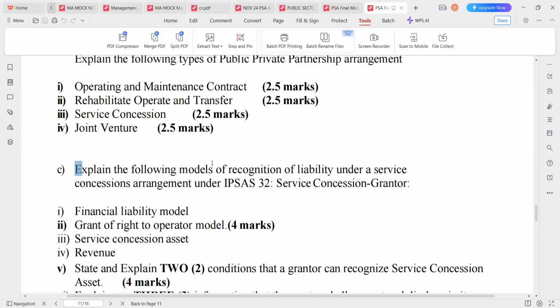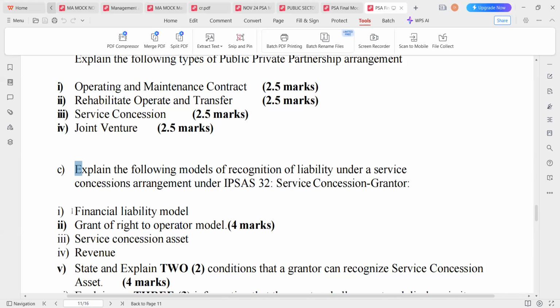What are the conditions? All right, so that is that.